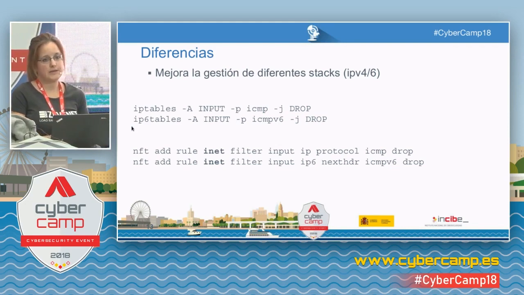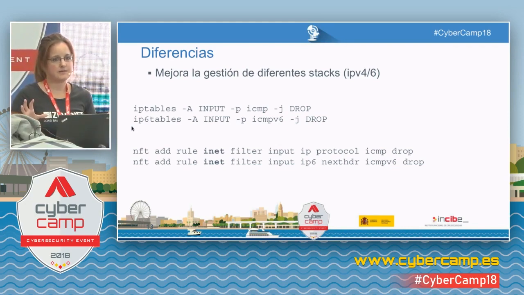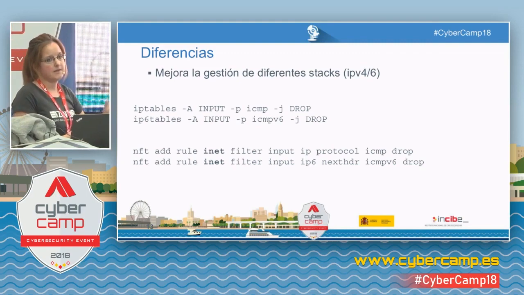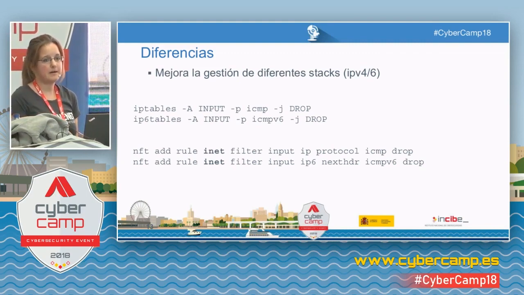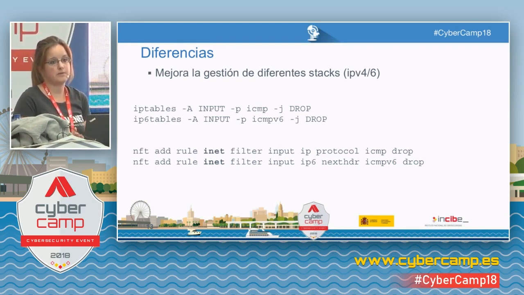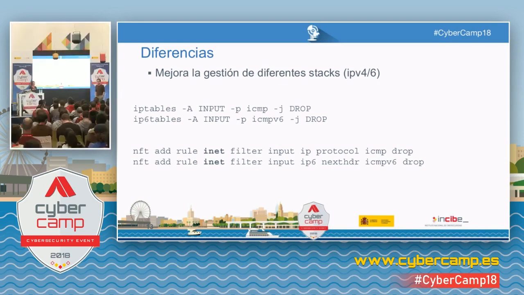Because in the past we needed 2 different commands, different stacks, different rules, and if we wanted to use the same rules, we had to duplicate them, whereas now nft includes the inet family that can see things from both stacks. So if you're going to have both IPv4 and IPv6 on your service, you just need one table, an inet table. You will be able to see all the traffic and manage the rules all at the same time.